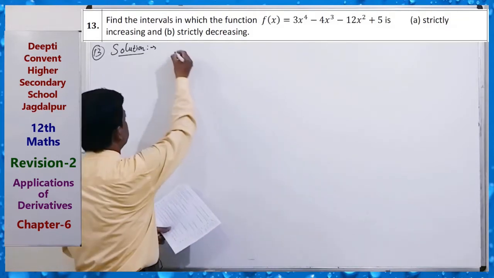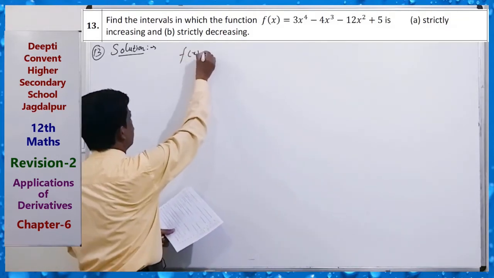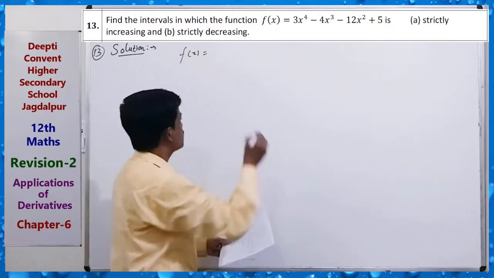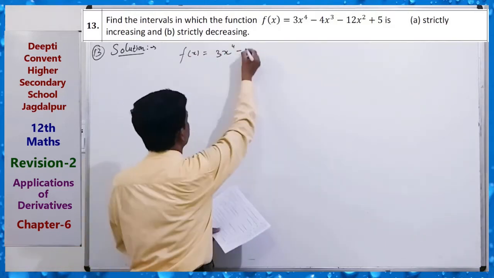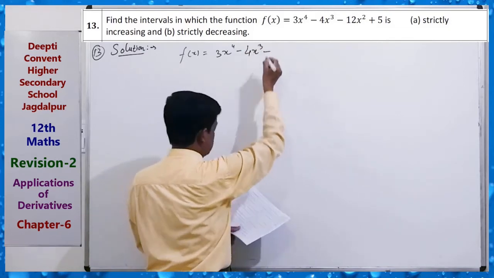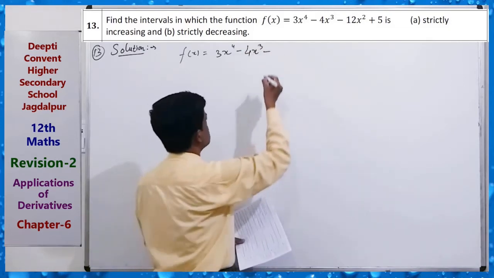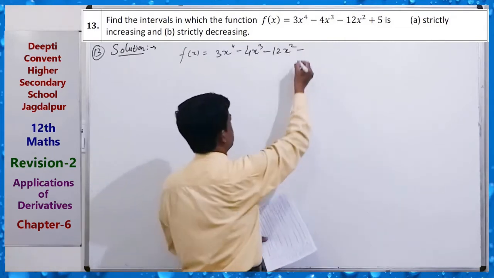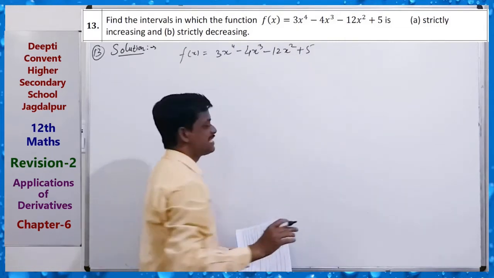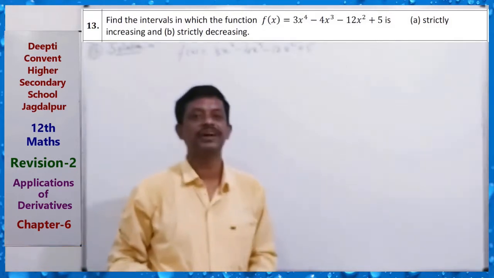Okay, so what is given? f(x) equals 3x to the power 4 minus 4x cube minus 12x square plus 5. For strictly increasing and strictly decreasing, we have to find the interval.